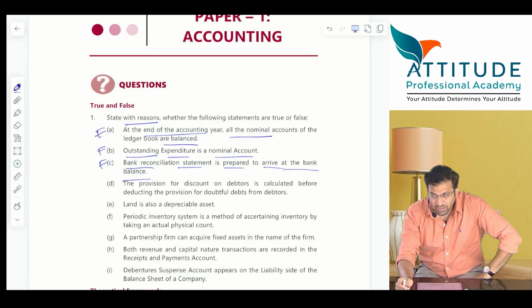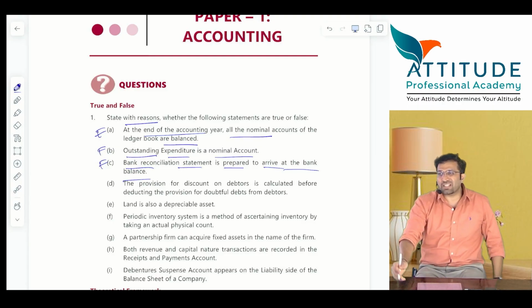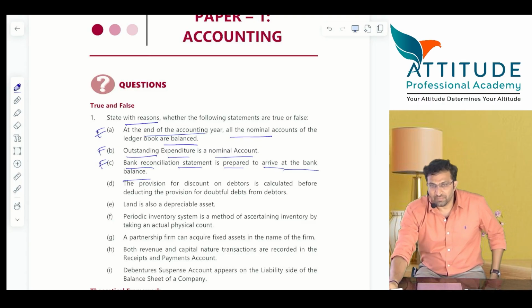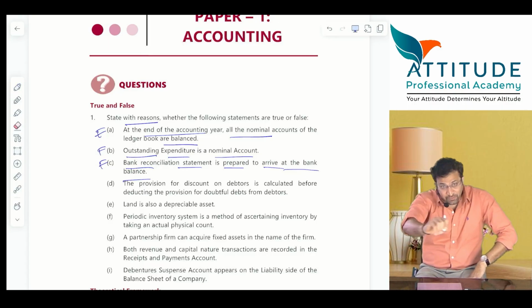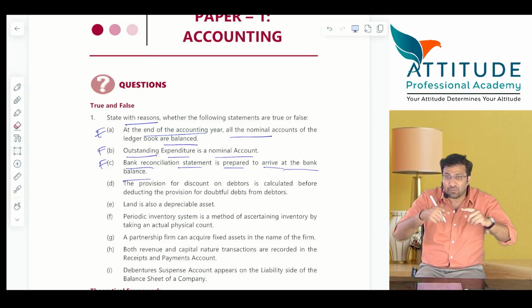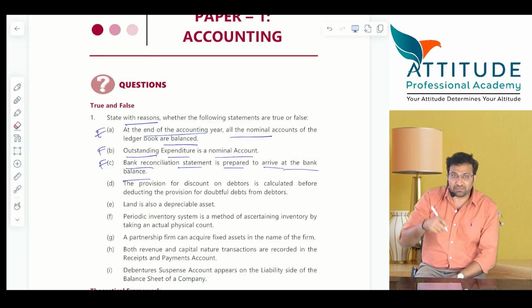And passbook is also known as bank statement, as on a particular date. Finish off that, because bank reconciliation is not for the year ending. It is as on a particular date.